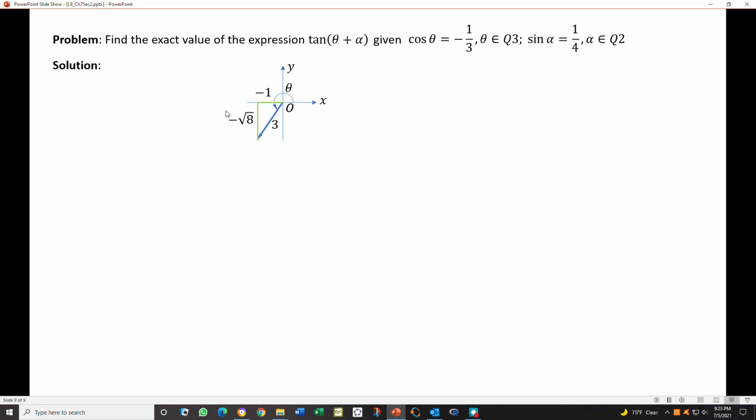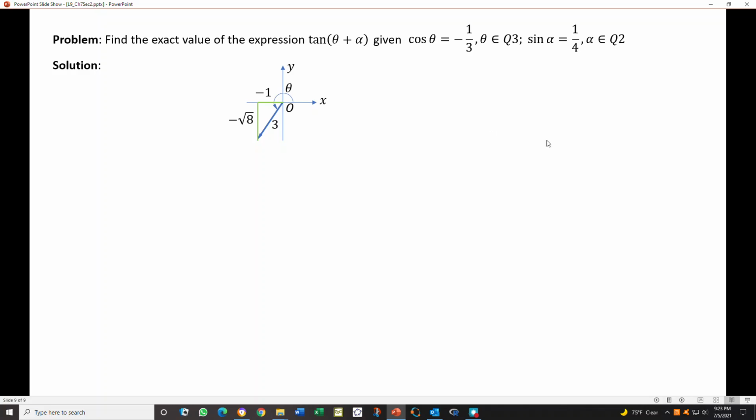And then by the Pythagorean theorem, this side should be plus or minus square root of 8. But since this is in the third quadrant, the y coordinate must be negative. So we choose negative square root of 8. How do we get that? I said 3 squared minus the quantity negative 1 squared. So 3 squared minus 1, 9 minus 1 is 8. And so square root of 8, plus or minus, we pick negative square root of 8 because we are in the third quadrant.